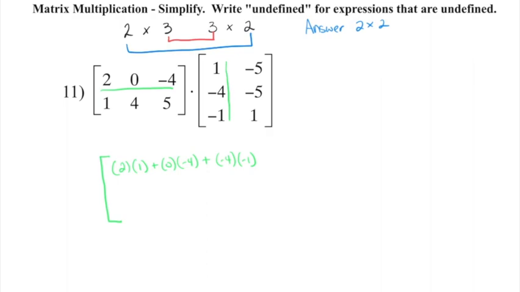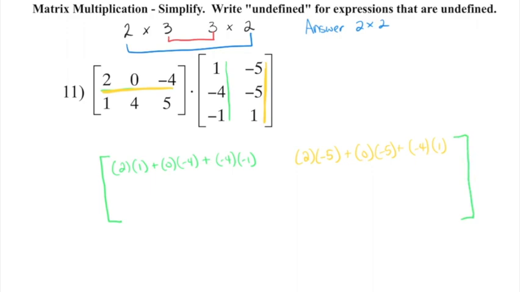So then I am going to take this same row and multiply it by the second column. So I will say 2 times -5 plus 0 times -5 plus -4 times 1. All right? Now for this one, I am out of columns, so I am done with that particular row. All right, so I'm done with this one.